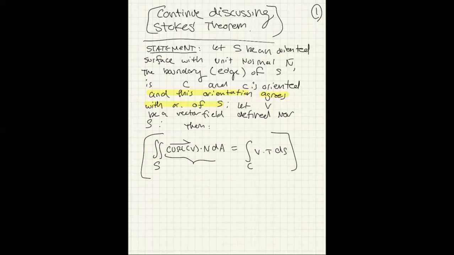Okay, and I also want to say something else, is that sometimes you'll see the following notation. Sometimes when we want to talk about the boundary of S, people will write this as this little symbol, like partial S. So this is not a derivative.